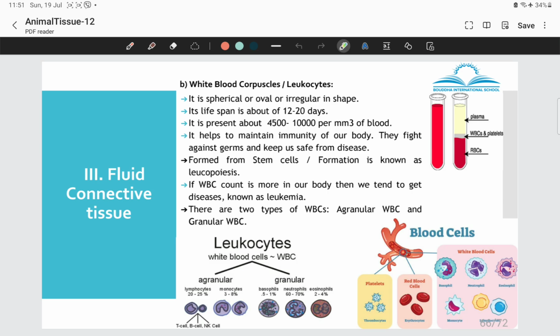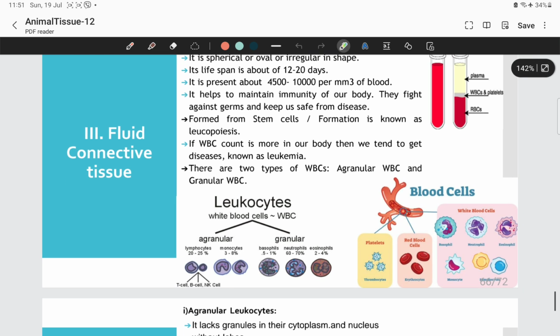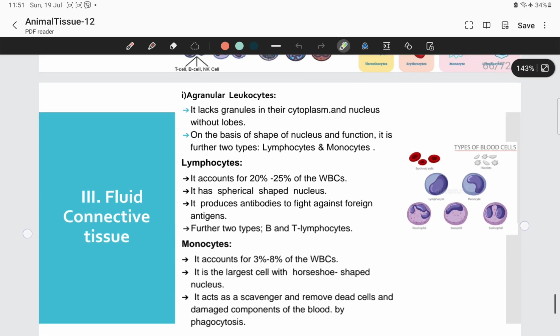And there are two types of WBC based on the presence or absence of granules. So if the granules are present, then that is called granular WBC. If granules are absent in that WBC, then it is called agranular WBC. So we'll discuss that.